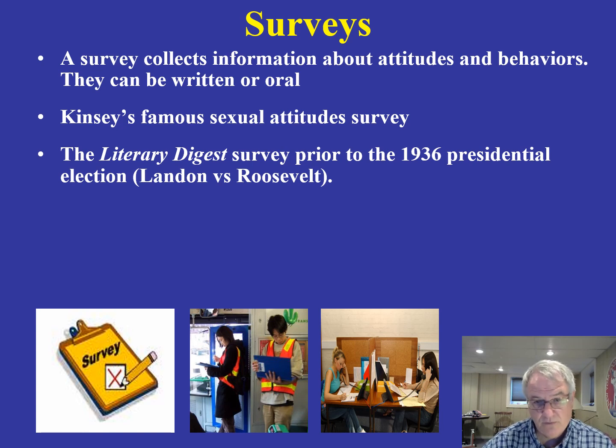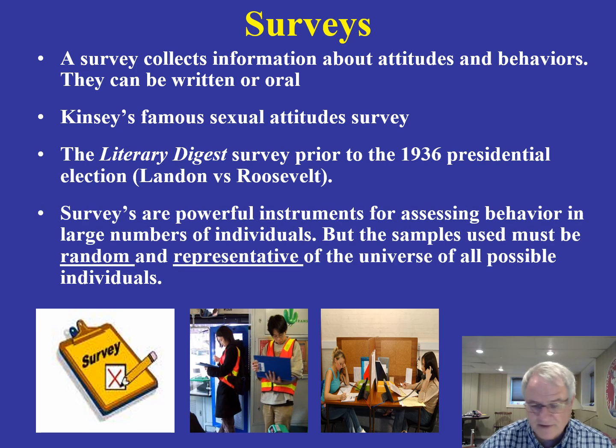The survey went wrong because the sample was not a randomly selected sample that reflected the universe of all possible individuals. So surveys are powerful. They're really important in many different areas of science, but the samples used have to be random, and they have to be representative of the universe of all possible individuals.